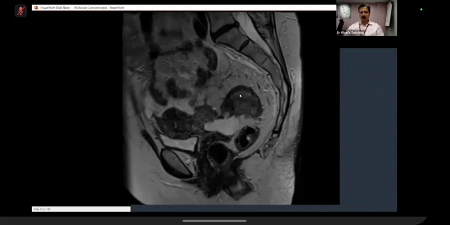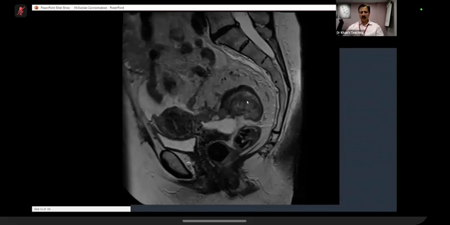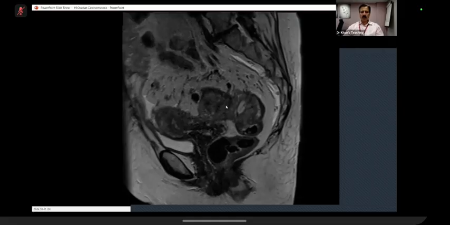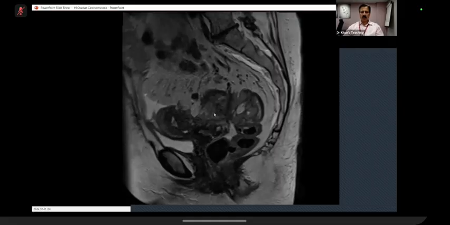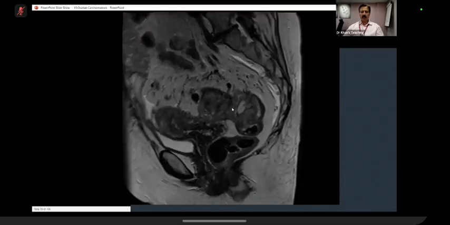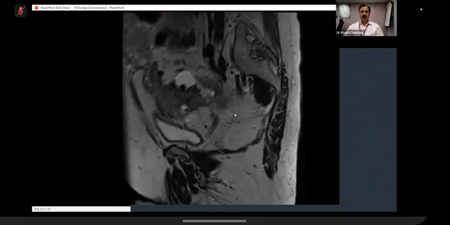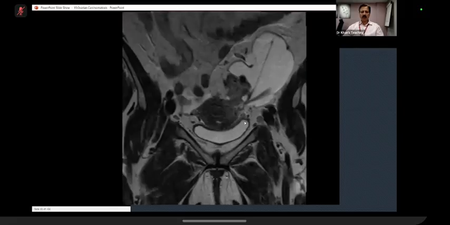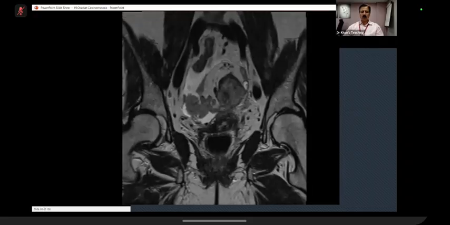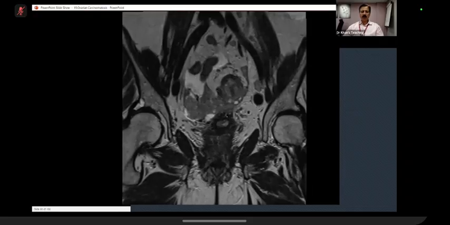This wall is different as compared to the other wall, and you can understand that this metastasis has actually gone inside. So this is how it will produce. Look at this metastasis, and look at this lumen, and how it is adherent, and how it will produce fibrosis, etc. And on this coronal also, similar finding can be seen here.